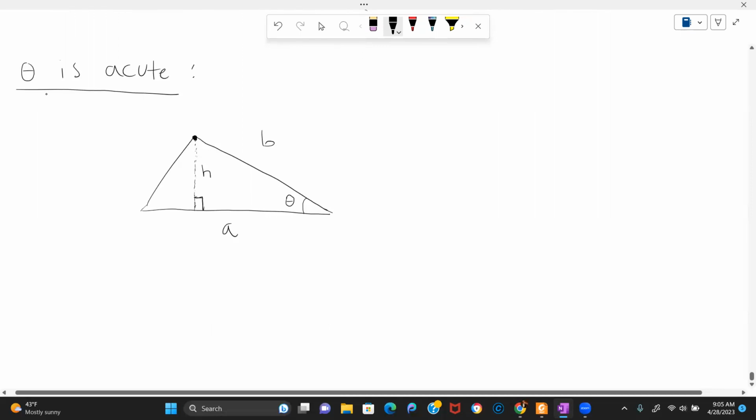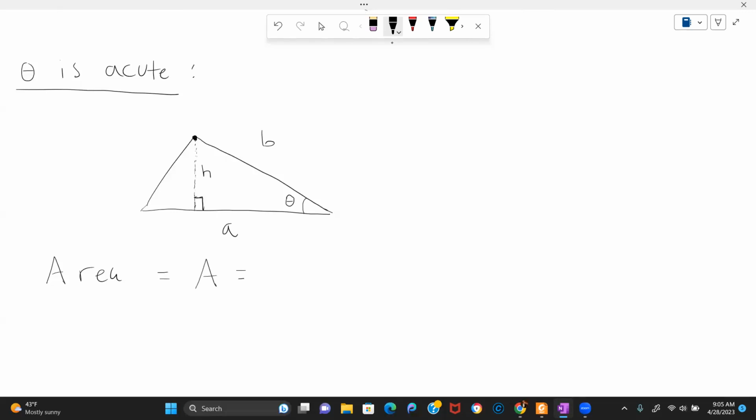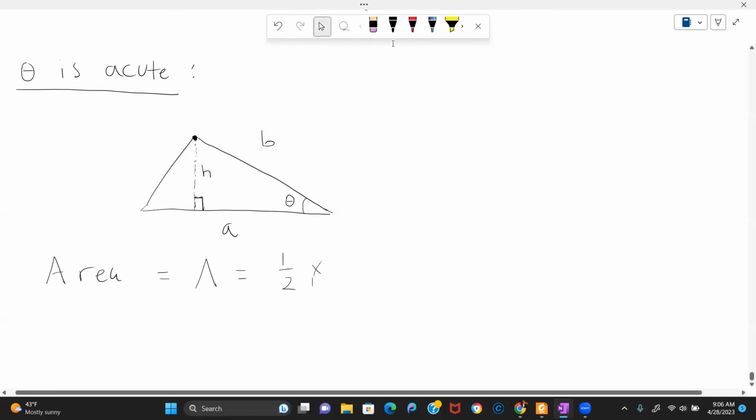And if that's the case, then we can actually figure out, first of all, the area, which we'll denote by A, is going to be equal to 1/2 base times height h.